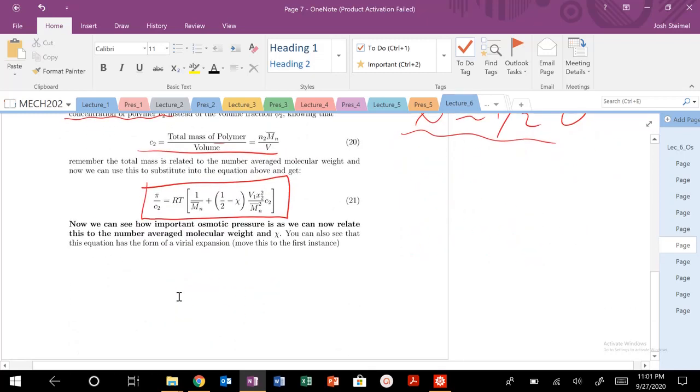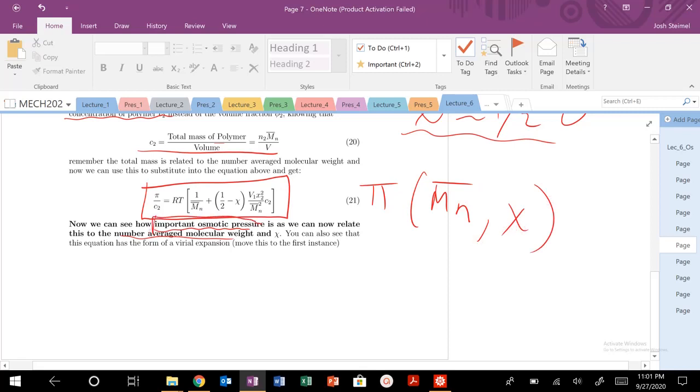Now we get the thing we were looking for initially: how the osmotic pressure relates to Mn and to chi. This is the power of osmotic pressure. We can relate the osmotic pressure, which we can measure with an osmometer, to our average molecular weight and our chi parameter.